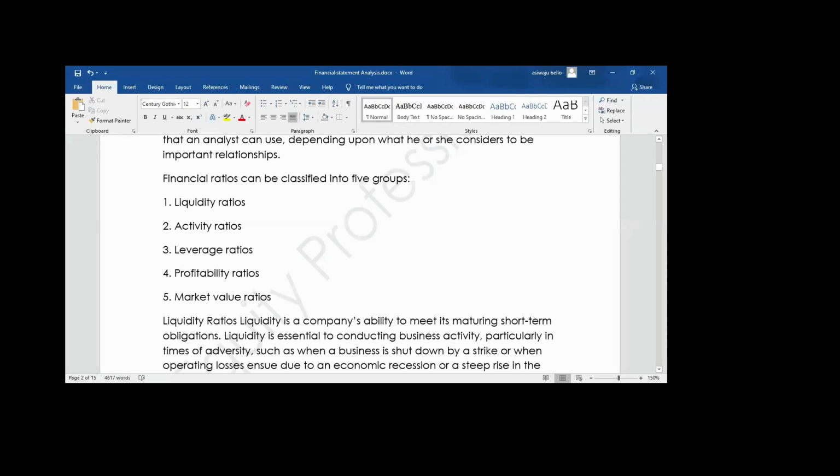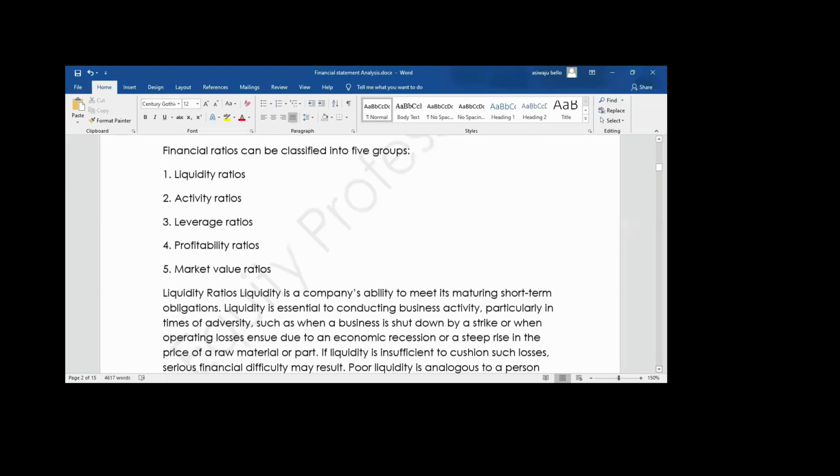If a company has a liquidity problem, that company may be liquidated. Imagine not paying staff salary. They can go on strike. They can stop coming to work. If you are not paying your supplier regularly, they can stop supplying you products.